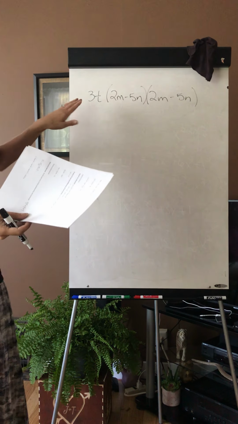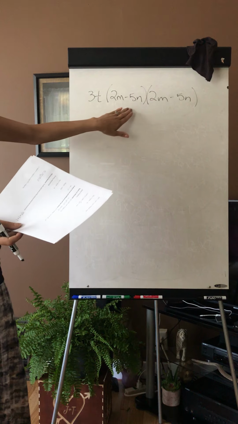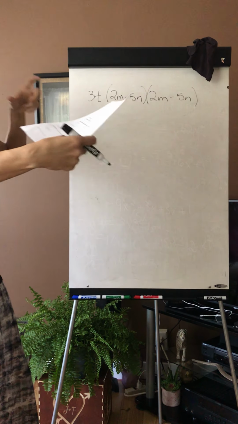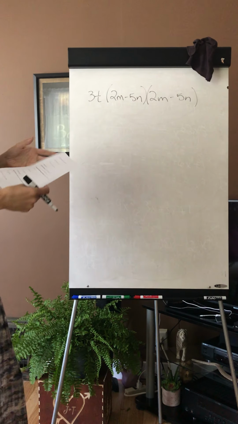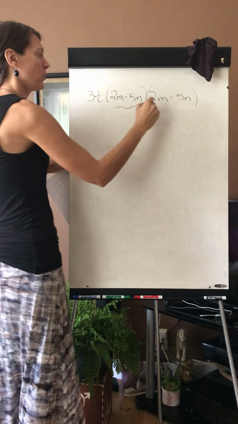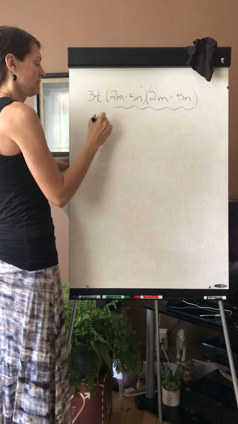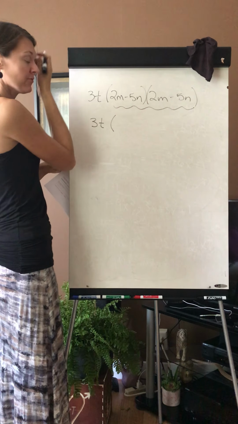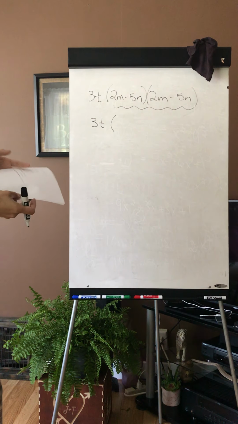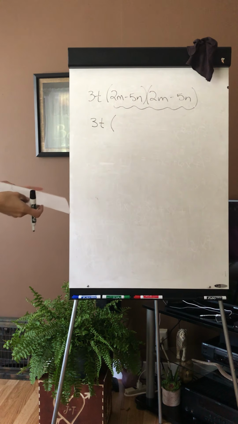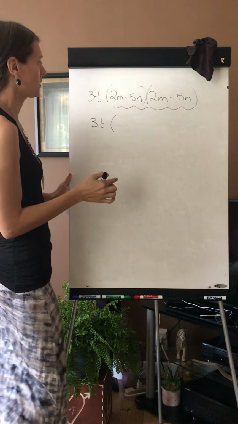So a couple ways you could do this. You could distribute the 3t first and get another binomial, in other words 2 terms, and then FOIL with the last term. What I recommend is start by FOILing these two and keeping the 3t out front and then distributing that at the very end. That's my recommendation, but again, you can do whatever method you want, provided it's a valid method, of course.